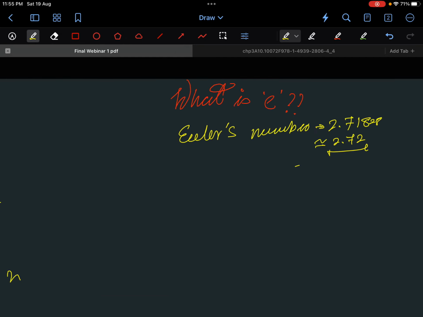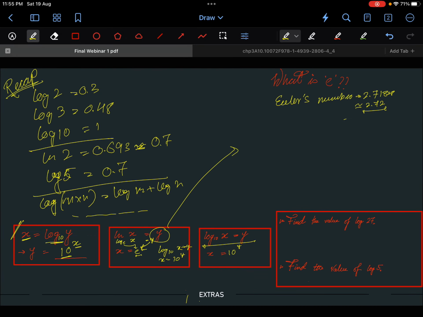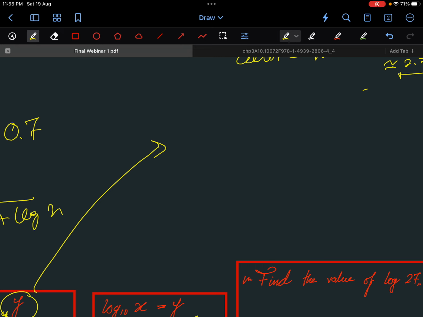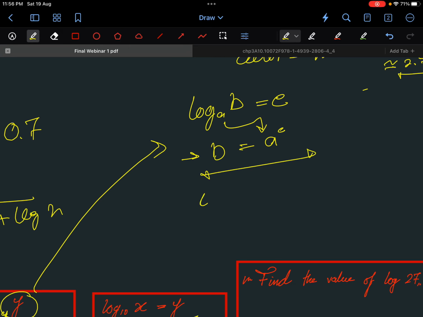So from these properties, now we can say that if log of b with base a is equal to c, then b is equal to the antilog, that is, the base comes in front: a to the power c. This was the main concept.